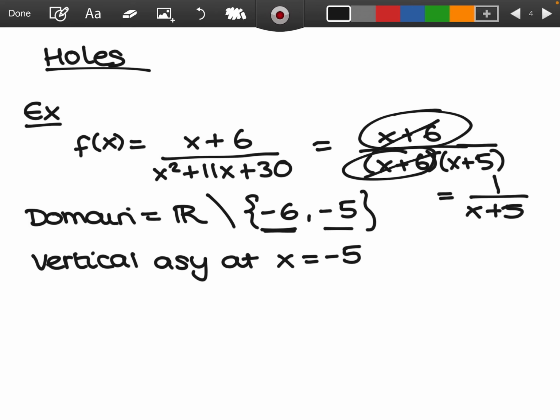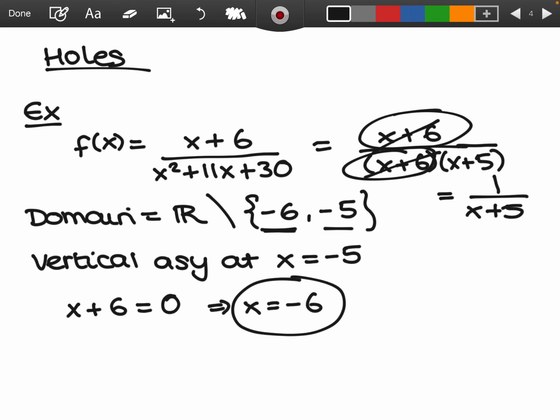So when you have this factored form, any term that appears on both the top and the bottom, I'm going to set equal to 0 and solve it. And at that particular x value, there is a hole. If I then take that x value and plug it into my simplified form, that will give me the y coordinate of that hole.